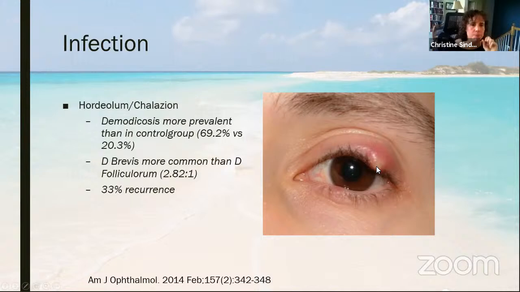There's two types of Demodex. Brevis, which tends to be located in the meibomian glands, and folliculorum, which tends to be located in the eyelashes themselves. So if you have somebody with meibomian gland dysfunction with recurrent hordeola, you need to really evaluate them for Demodex and then treat the Demodex as well.